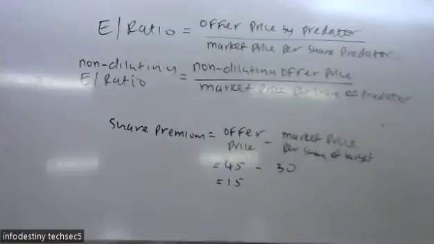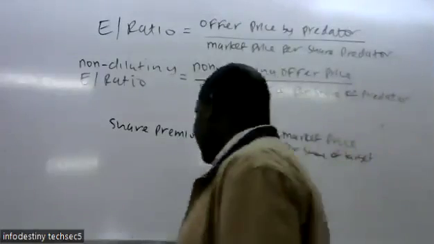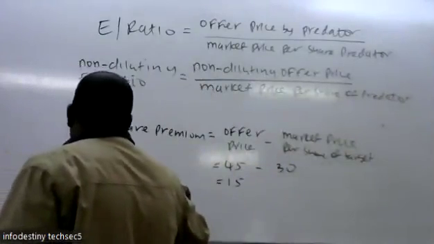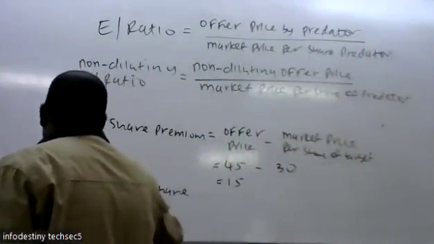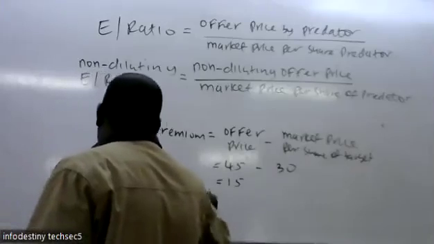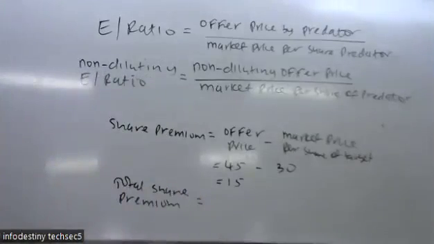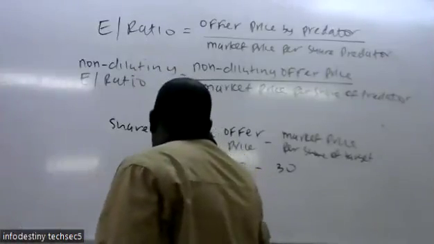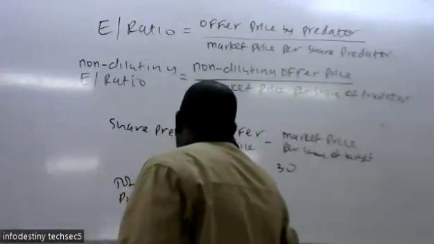So to get the total share premium at the exchange ratio, you simply take the 15 multiplied by 4.